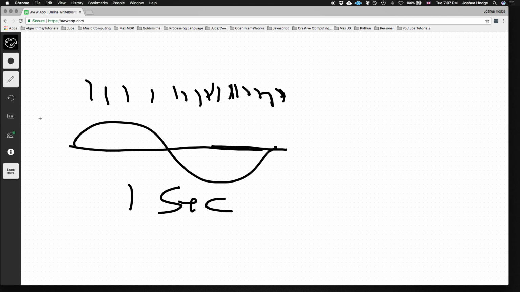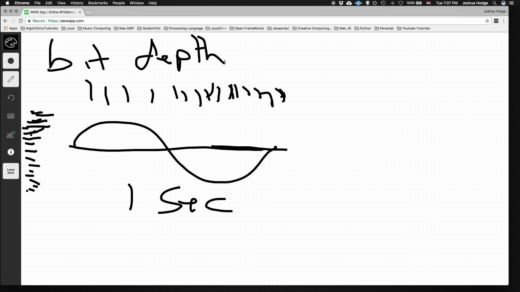But what about these values on the y-axis? How many of these values do we have to actually work with, and how do those determine how well our sound is represented? That's where we get into this concept called bit depth.